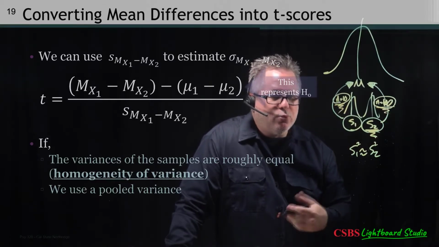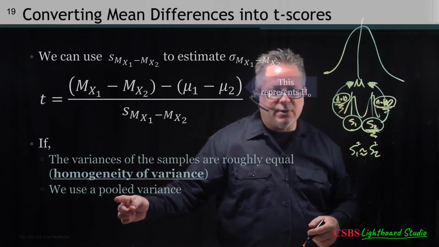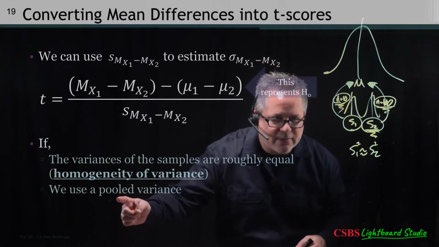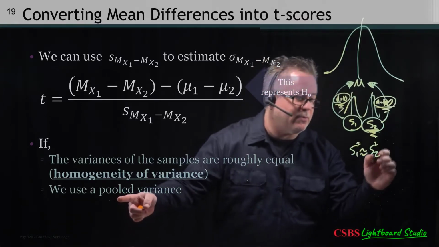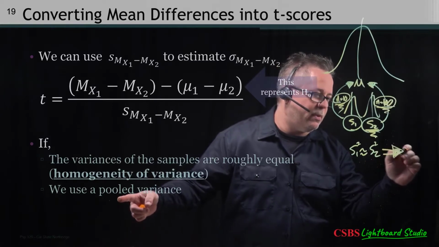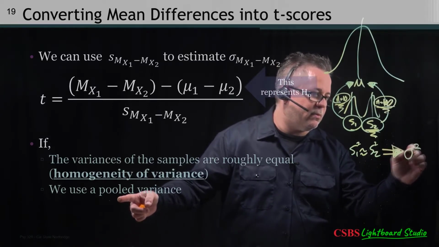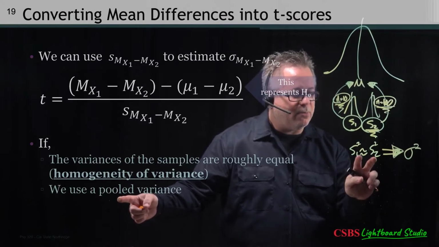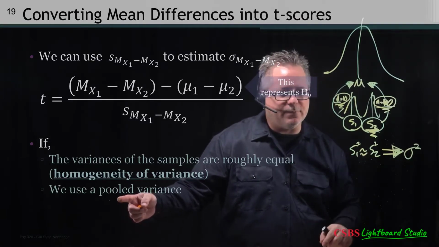And we're going to average the two variances together to get a pooled variance. Then we're going to use that pooled variance to estimate our population variance. We're going to estimate our sigma squared using a pooled estimate of these, as long as they're roughly equal.